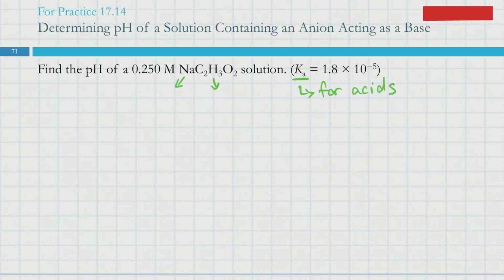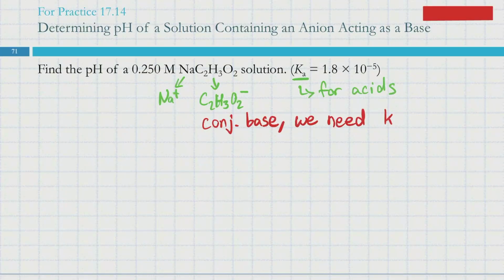And what I'm calling affectionately nacho here is the conjugate base of a weak acid. So the way that our conjugate base behaves is going to need a Kb to solve this problem.